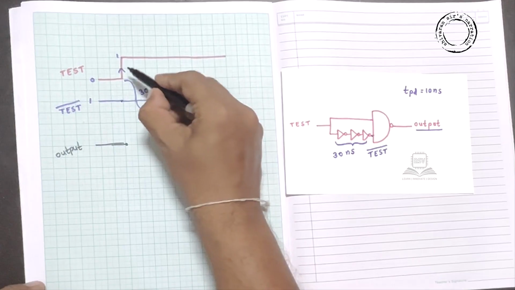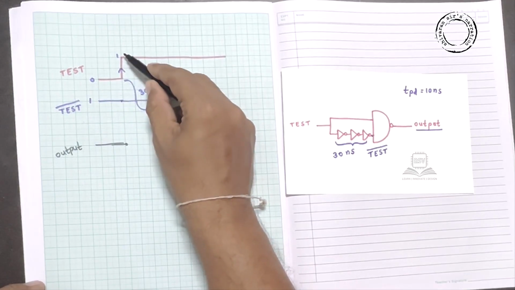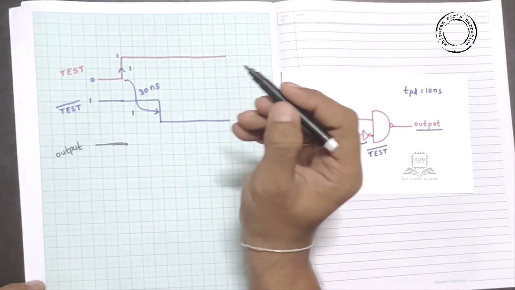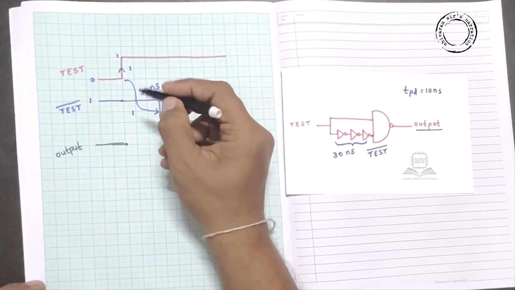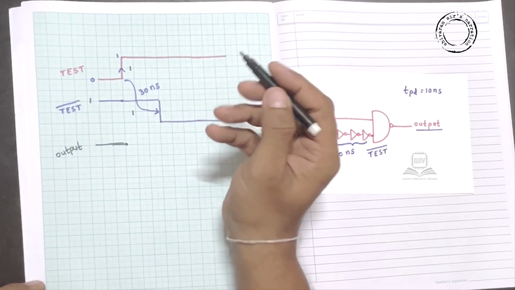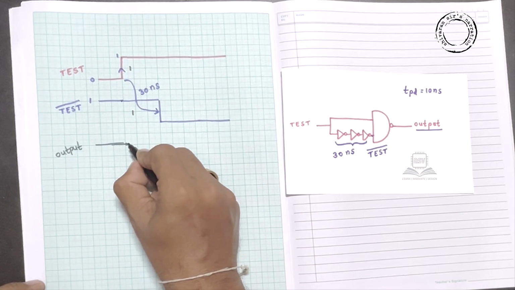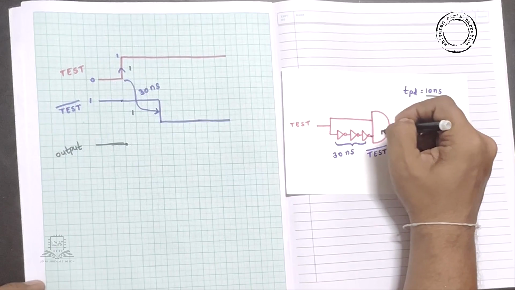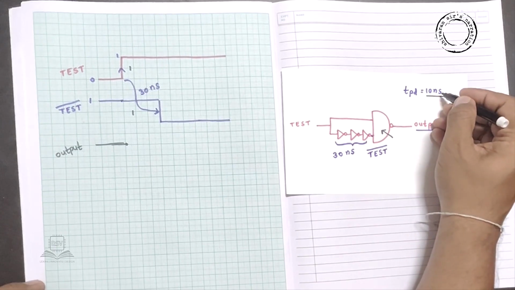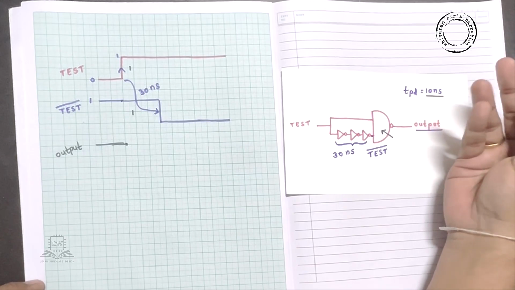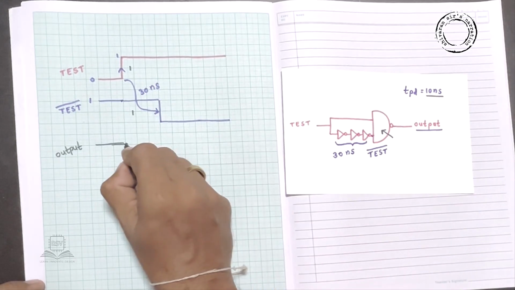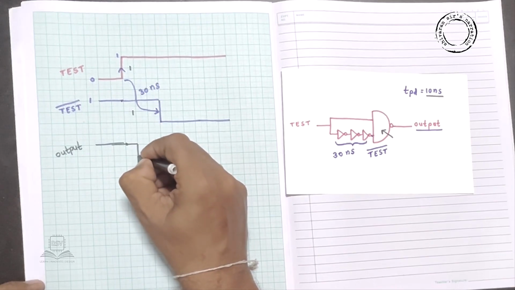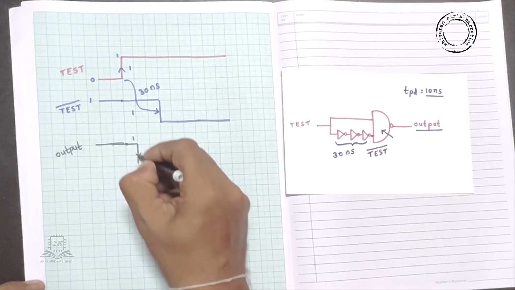Now as the test signal shifted from logic 0 to logic 1, there will be a change in the output, because 1 NAND 1 is logic 0. Hence here it happens after 10 nanoseconds only, because of this NAND gate, there is a delay. We are assuming it as 10 nanoseconds, and you can take it as 20 or some other value. So here after 10 nanoseconds, output is shifted from logic 1 to logic 0.